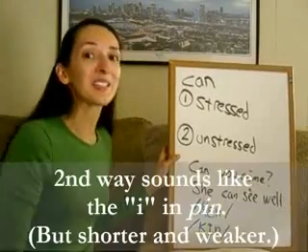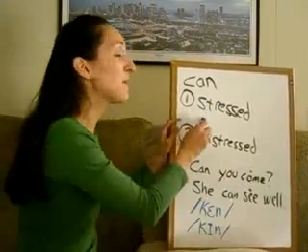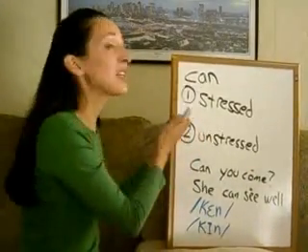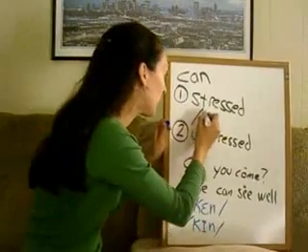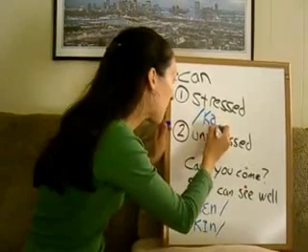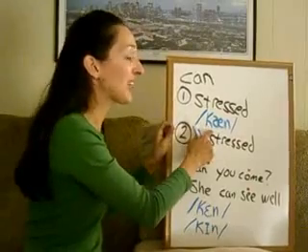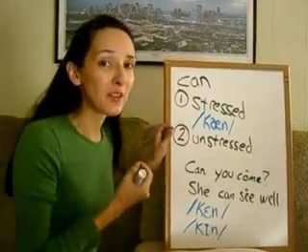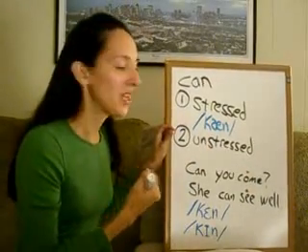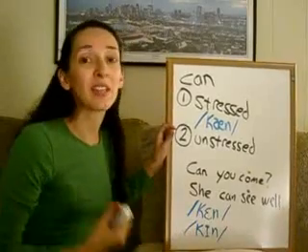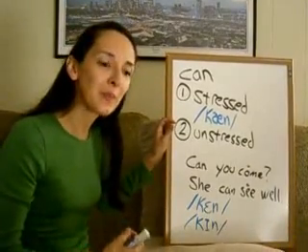The second one is kin. Remember, when we said this verb stressed, the phonetic transcription looked like this, and I said that the vowel sound was long and strong. Now we need a vowel sound that is shorter and weaker.